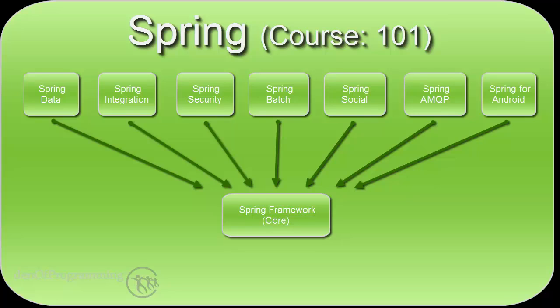The commonality of all the modules is that Spring has a certain way of doing things. Regardless of the bits of the frameworks you decide to use, certain ideas and concepts are always the same. This course deals with learning the ideas and the concepts and the way Spring does things.